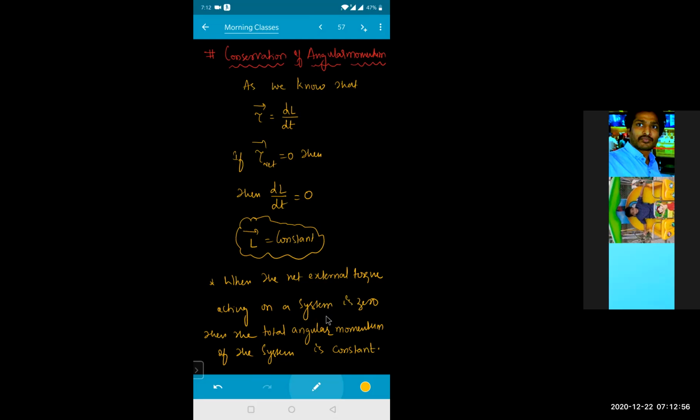So when the net external torque acting on the system is zero, then total angular momentum of the system is constant.